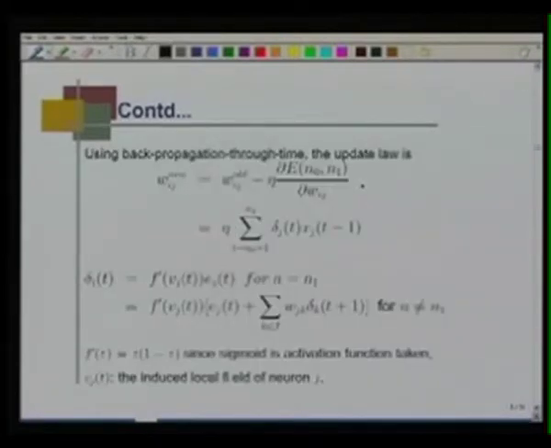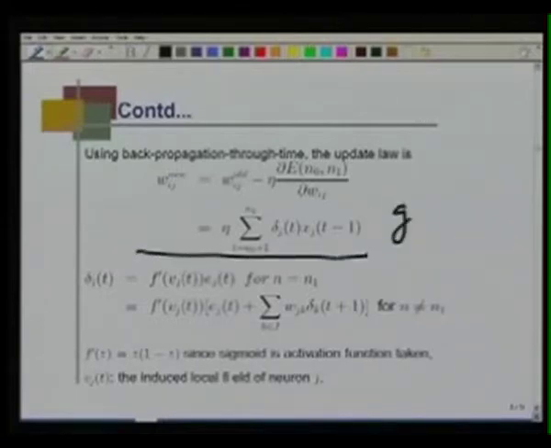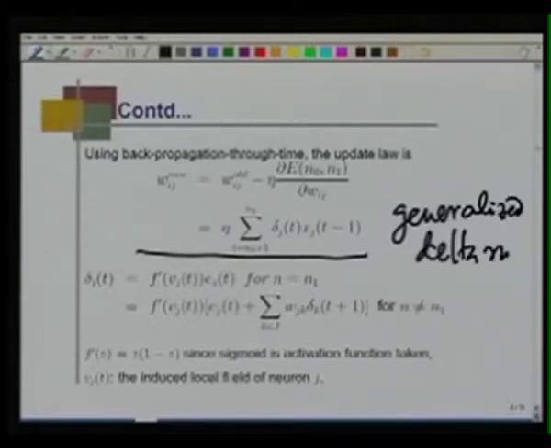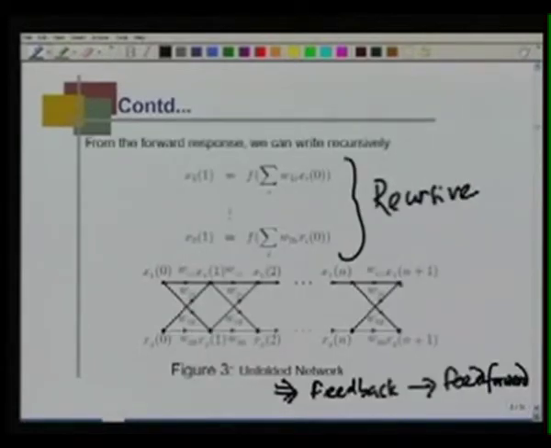And we saw that after you convert a feedback network to feed forward network, you simply apply the back propagation generalized delta rule. So, I find out what is the error here, I back propagate this error and update these weights.